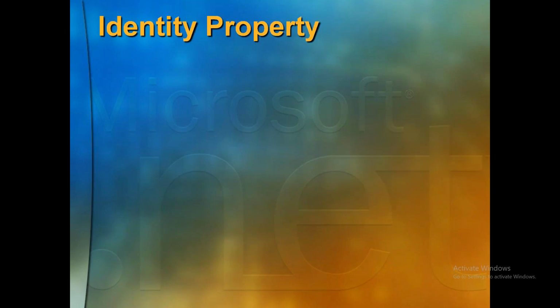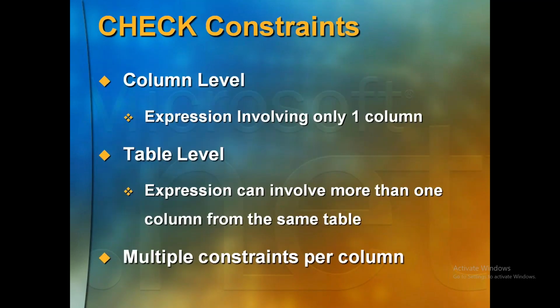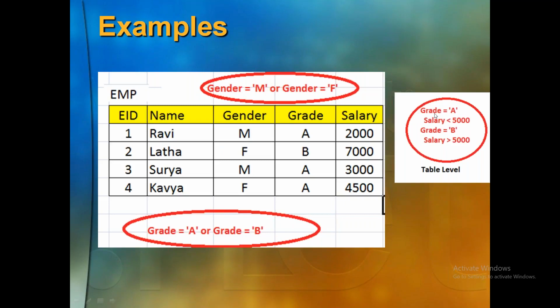Then we have two kinds of check constraint: one is called table level and the other column level. Column level is an expression involving only one column: salary greater than zero, gender can be either male or female, grade can be either A or B. Only one column I'm using and writing an expression. Table level means the expression can involve more than one column. Here grade is one column, salary is one column. If the grade equals A, salary is this much.